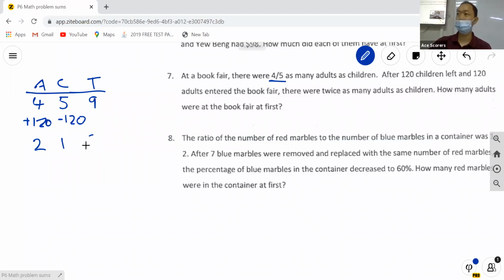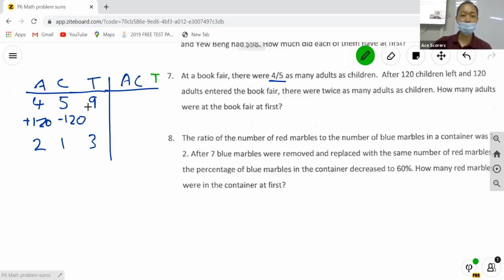So this one is not acceptable because I need the total to be the same, right? So I create another one. That makes the total the same. So what is the common multiple? 9. Alright, so I want to make the total 9.